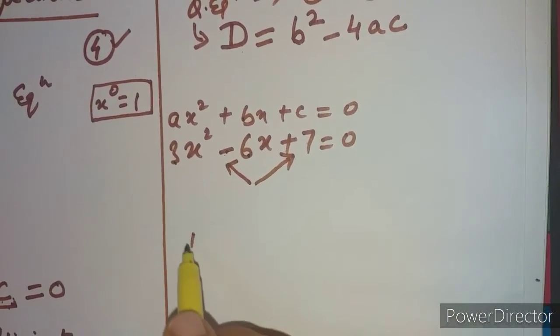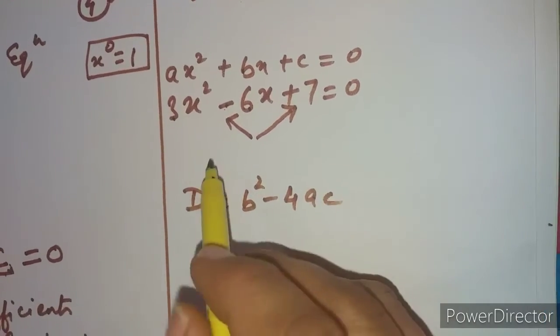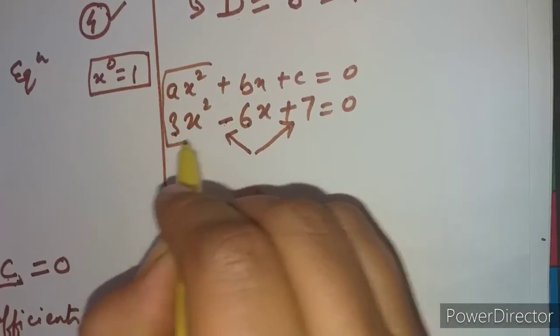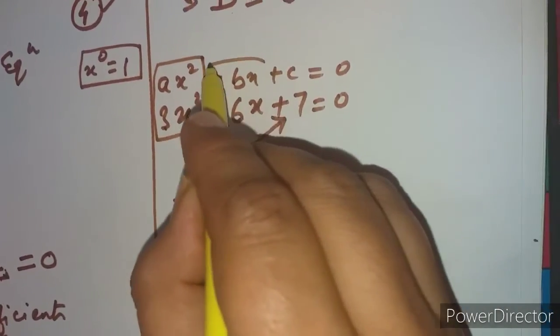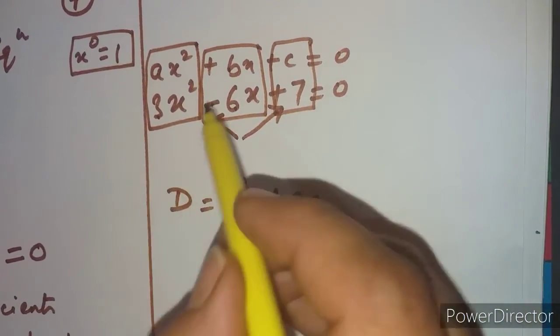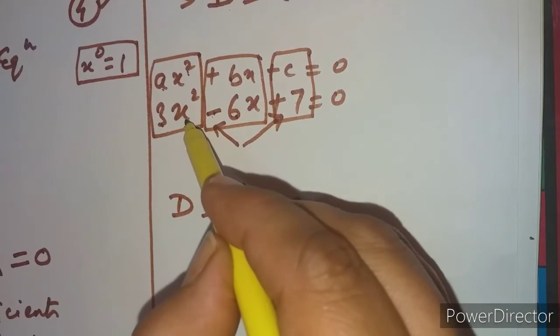At the time of calculation of D, we will write b square minus 4ac. Before that, we should know what a, b, c are. Compare like this: first term with first term, second term with second term, and third term with the third term. First term is ax square, here it is 3x square. x square is the same.